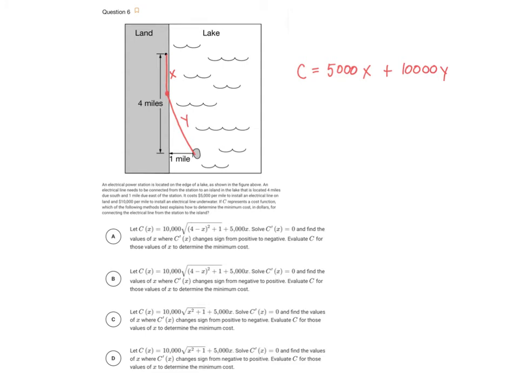So we can focus on this triangle, kind of look at this as a right triangle here. And if this whole thing is 4 and this is x, then this little bit is 4 minus x. And then this bottom is 1, so I'm going to draw this off to the side just to get it out of there.